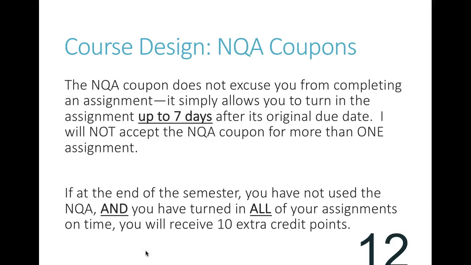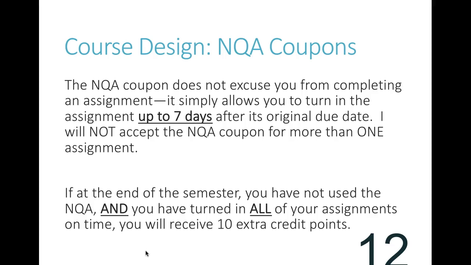I also have something called an NQA coupon. You'll find the NQA, or No Questions Asked coupon, in the course documents. What that does is allow you to submit one assignment up to 7 days late. For example, the next unit after the Get Started unit is Unit 1, and those assignments I believe are due June 18th.